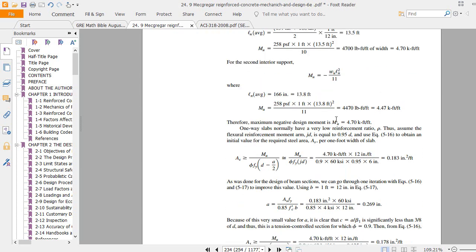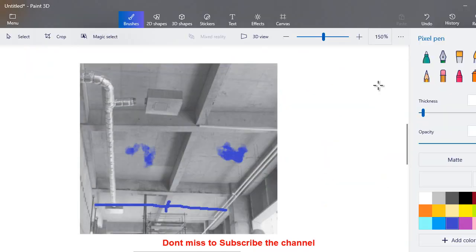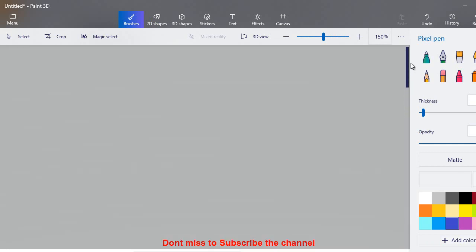To calculate A, a trial and error procedure is used, although you can use a direct approach. I already explained the direct approach in so many videos, and there are some other aids from ACI that can be used, so please watch those videos. You can learn the procedure for the direct approach.